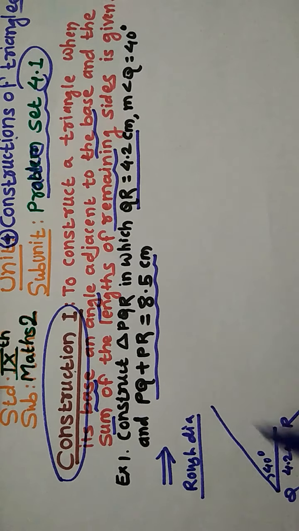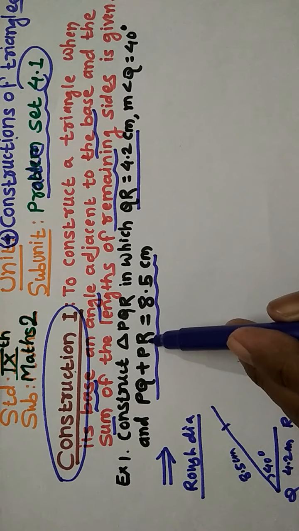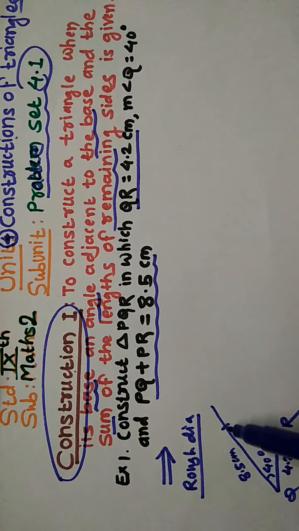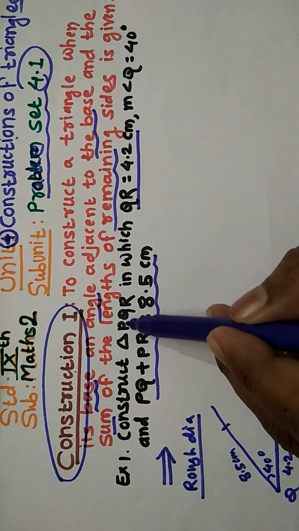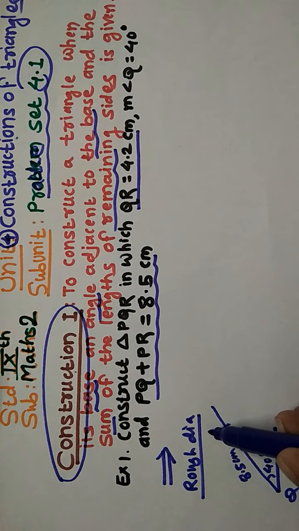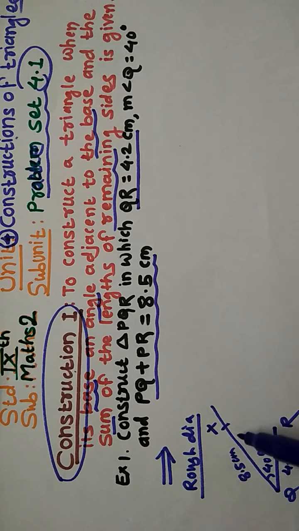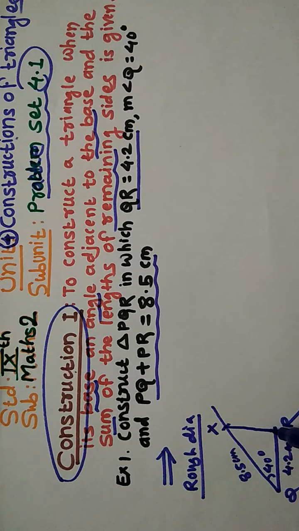Take the sum on this ray, for example, take here 8.5 centimeter distance, the sum of PQ plus PR, and name here a point other than P, Q, R, for example X. Now join segment XR.